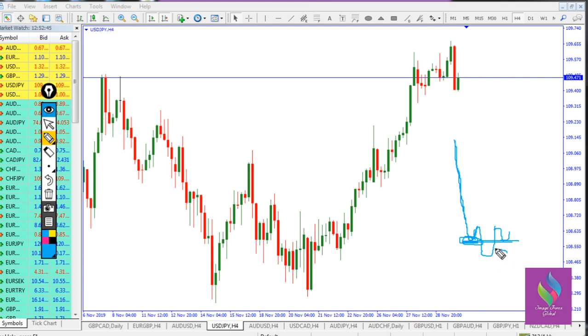Then what is this that happened there? Why did price come into this region? Why does the price get to this area? Why did price get into that area?